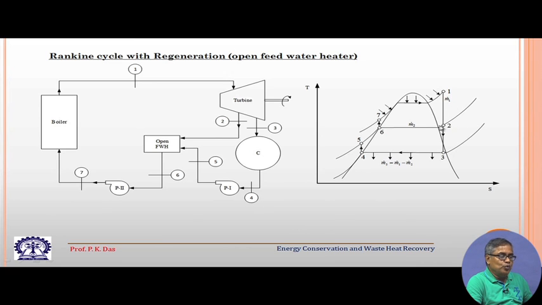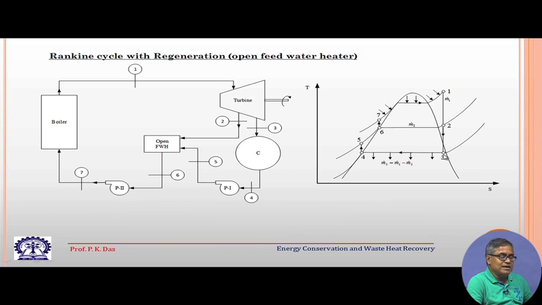At point 2, m dot 2 amount of steam is bled, extracted from the turbine, and then from 2 to 3, m dot 3, which is m dot 1 minus m dot 2, expands.